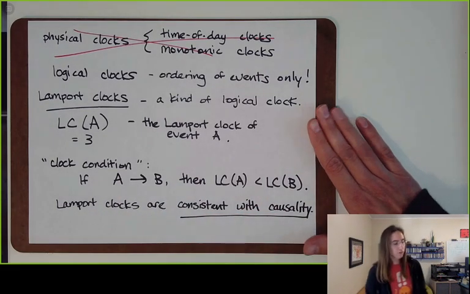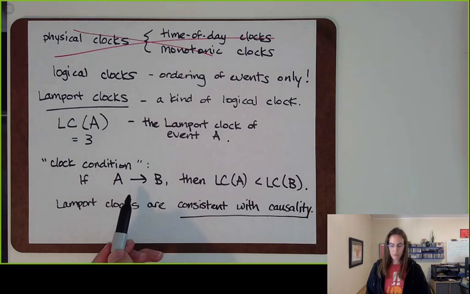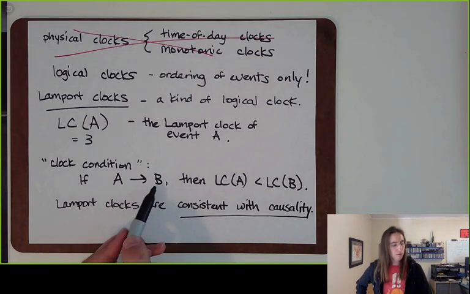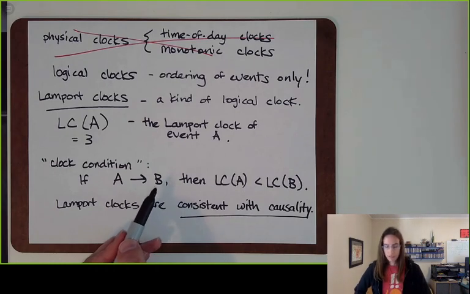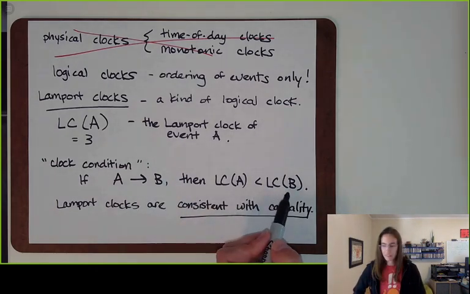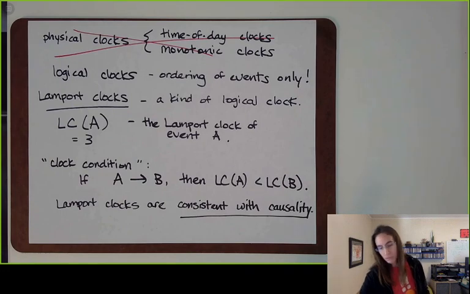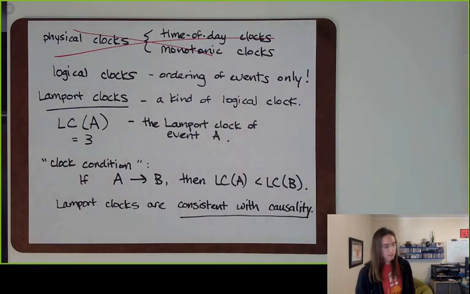That means that if there's a causal relationship between A and B, that is, if A happened before B, that's what it means for us, then we know that the Lamport clock of A is going to be less than the Lamport clock of B. So let's put a whole bunch of events up and try to assign Lamport clocks to them.